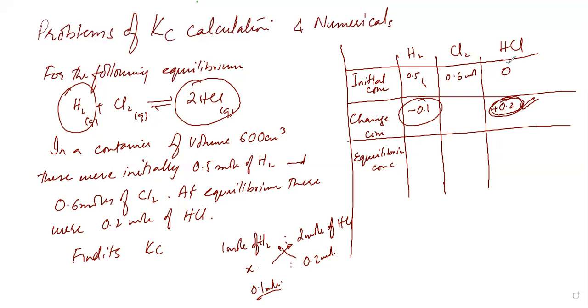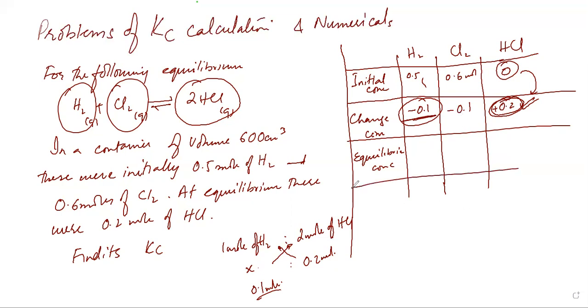There was nothing by the start, but now this is 0.2. So if this is 0.1 according to stoichiometric calculation, chlorine should be minus 0.1 as well. That means 0.1 mole of chlorine is also being used up.